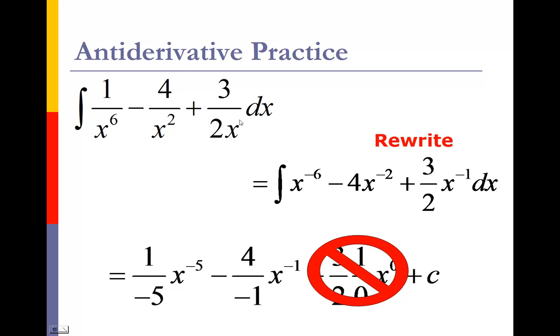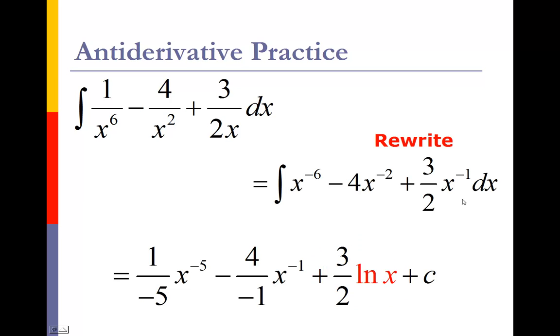And this only works where x to the 1 power in the denominator, or an x to the negative 1 power. So, whose derivative will put an x in the denominator? Well, that would be the natural log. So, rack your brains. Remember, when we were doing derivatives of natural logs, it was 1 over the inside. So, the derivative of ln x is 1 over x, and that would give us what we started with.